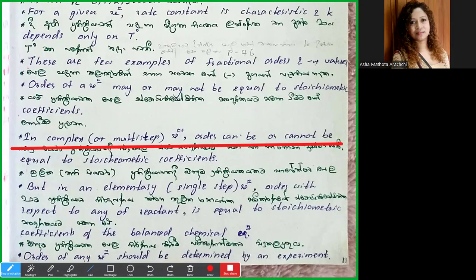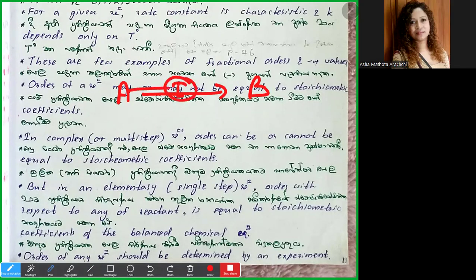Okay, let me explain that little part. Let's say A goes to B directly, so there is nothing else. Let's say there is another reaction: A goes to C, C goes to D, and D goes to B. Two different kinds of reactions.